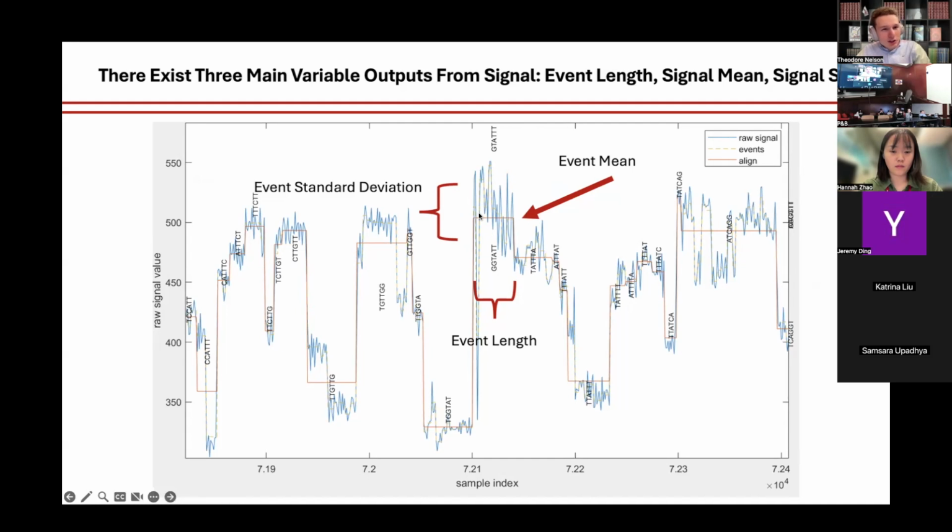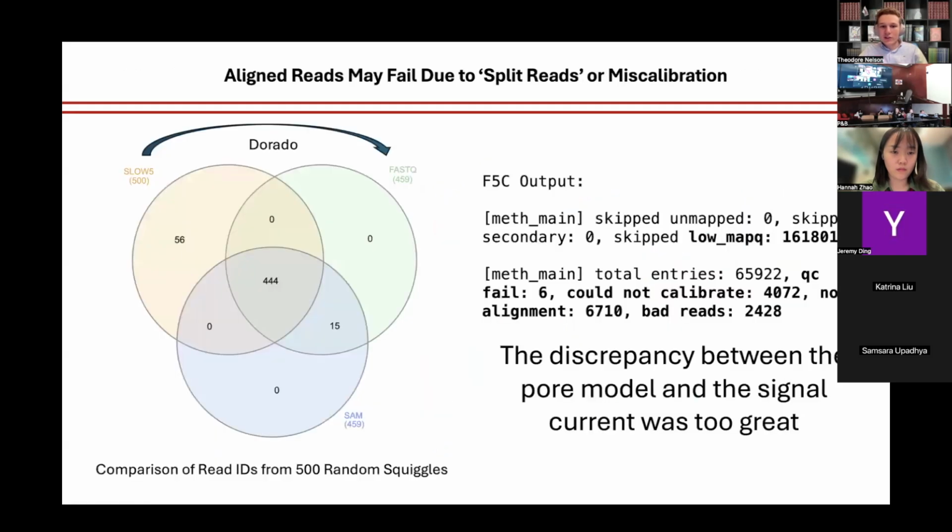But you can also summarize this data as the event mean, which relates to the picoamp current predicted by the k-mer model, the event length, so how long the k-mer is predicted to have stayed within the pore, and the deviation in the signal associated with the pore. All of these summarizations can be used to explore individual k-mer signal currents on that level.